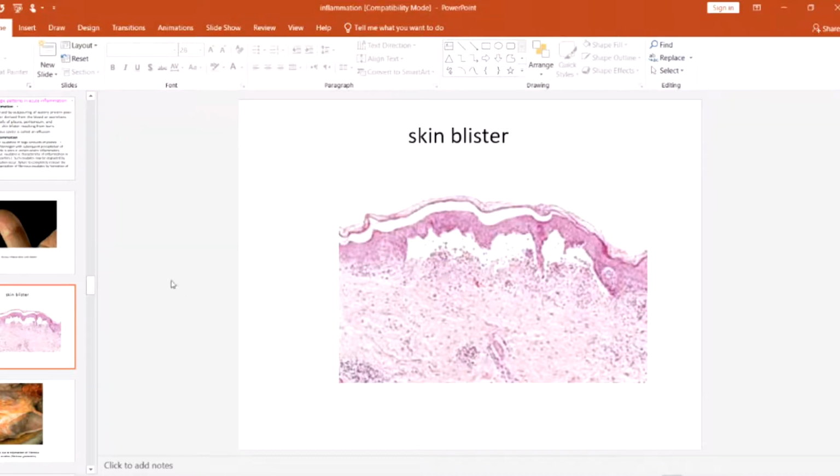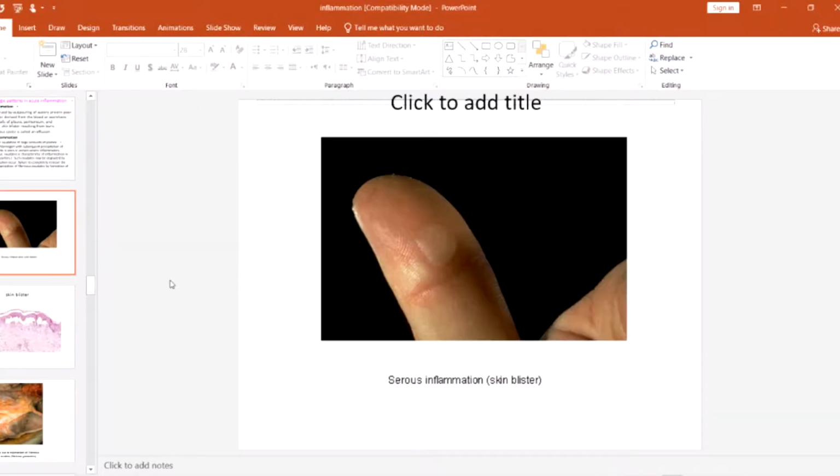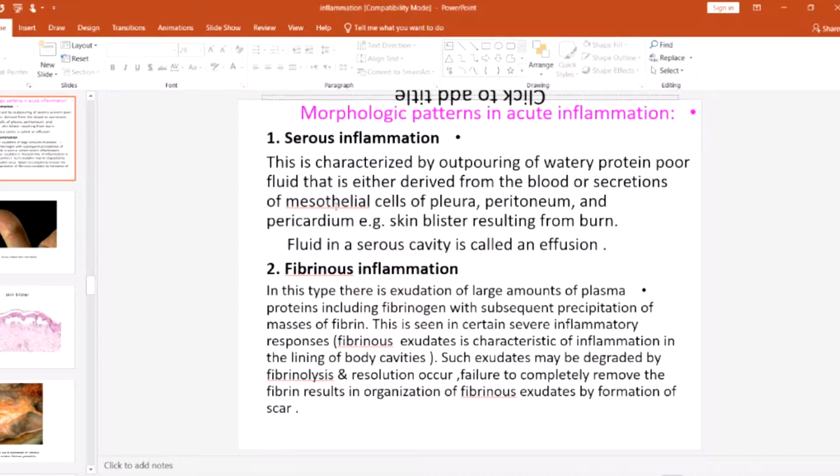This is inflammation. As your colleague said, the first pattern of acute inflammation is serous. Serous inflammation is characterized by outpouring of a watery, protein-poor fluid, meaning transudate. The best example is the skin blister.